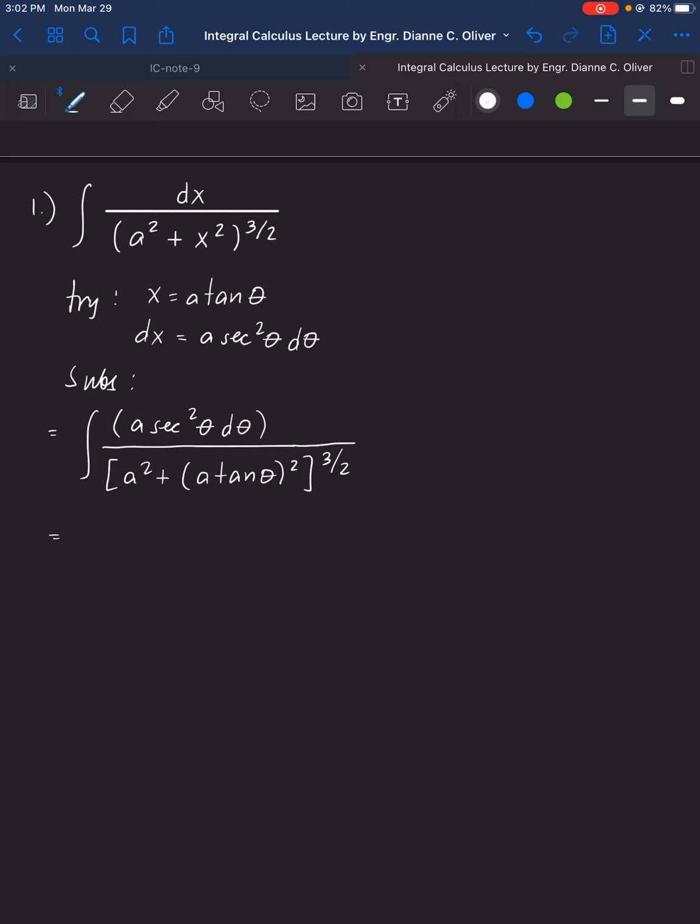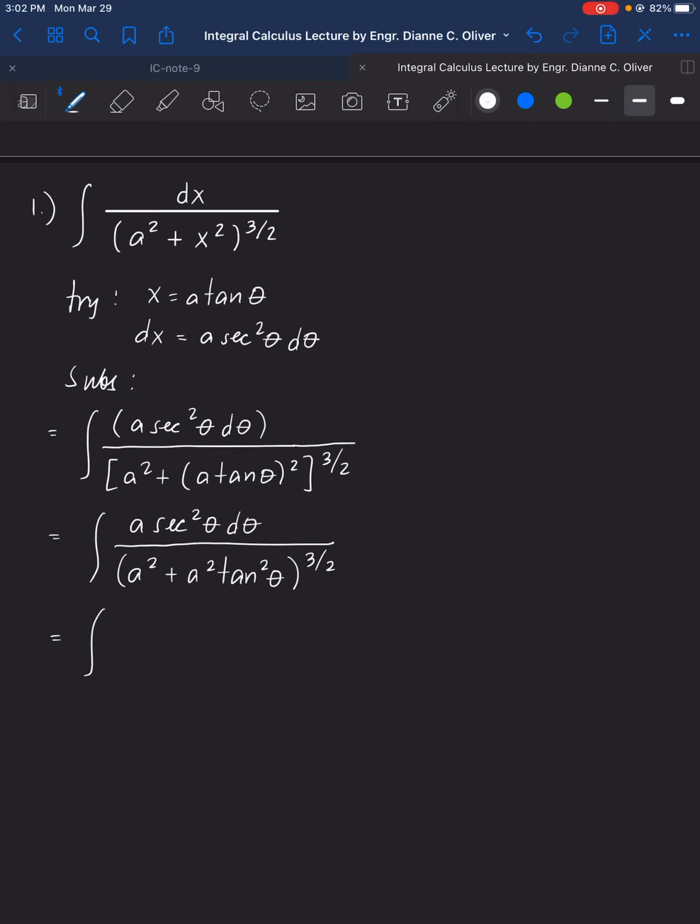Now we have a secant squared theta d theta all over a squared plus a squared tangent squared theta, then all raised to the power of 3 halves.